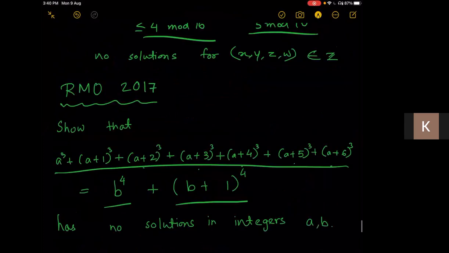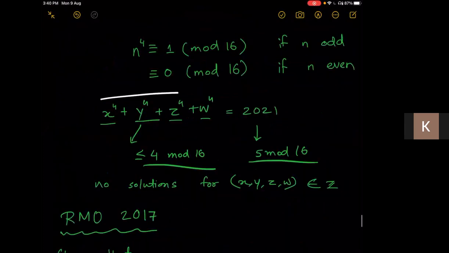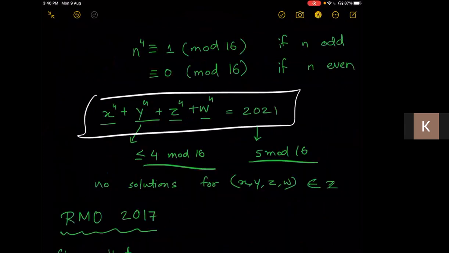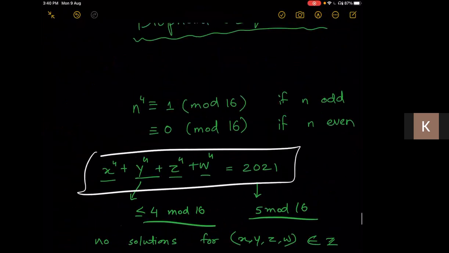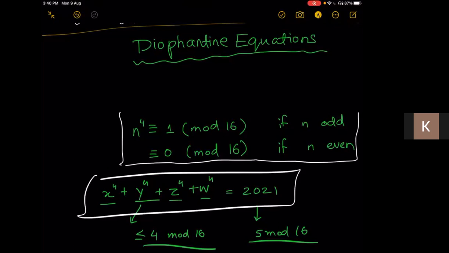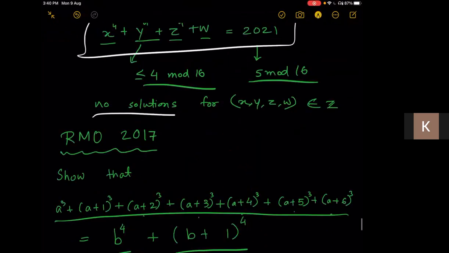Like even here, if I would directly tell you to solve this for integers, you don't know what to do. But once I tell you about this nice property that mod 16 has only two values, then you can just apply it here and say that there is no solution. The question becomes a lot easier.